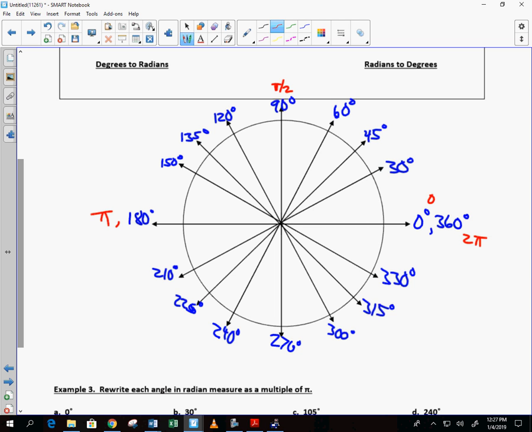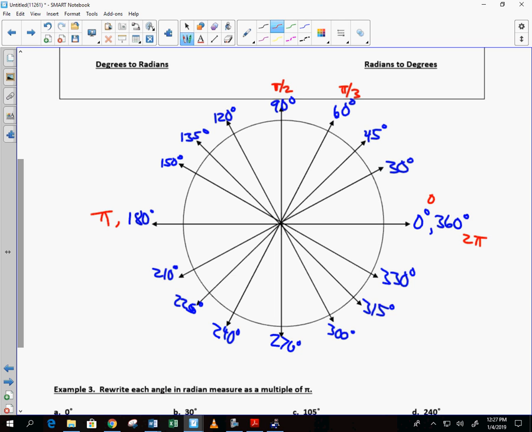How does 60 compare to 180? 1/3. So it's pi over 3. How does 30 compare to 180? It's 1/6.